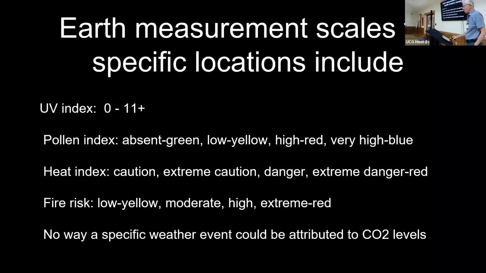Now, there are a number of scales that the weatherman uses that you're familiar with. When you look at AccuWeather or the newspaper, or wherever you get your weather reports, the UV index tells you how much UV light, which is very damaging to your retina and also very damaging to your skin, especially if you're a Caucasian and especially if you're a youngster. So that's a nice, easy scale, 0 to 11 and even higher once in a while.